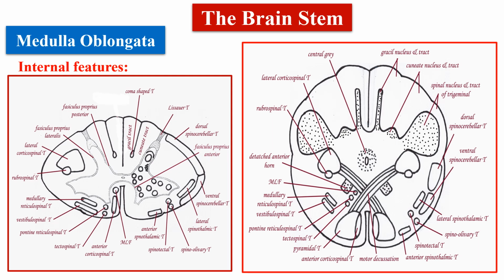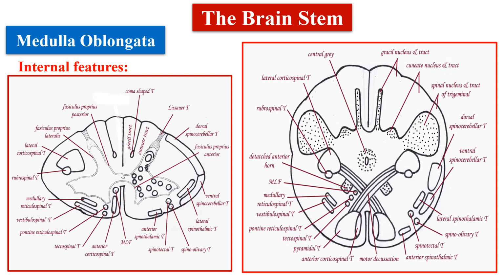This is the medulla oblongata. Let's see what the characteristic features of the medulla oblongata are. Here we can see that there are multiple features in the medulla oblongata. I can see the gracile nucleus and gracile tract at the posterior aspect, then the cuneate nucleus and tract. I can notice that there are the spinal nucleus and the spinal tract of the trigeminal.